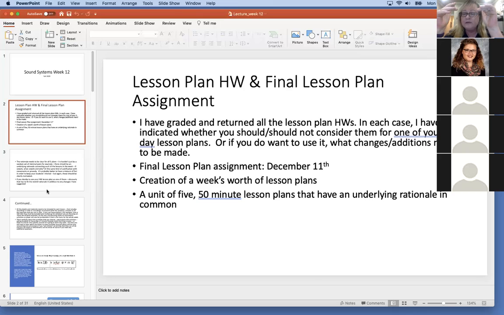So if you chose 15 Spanish speaking adults in your single lesson plan, then that has to form the underlying rationale for your whole 5 days, because you're going to be working with one group of students. So if you've decided that you want to work with a different group of students, then obviously you're going to have to adapt that single lesson plan you did in order to do that.